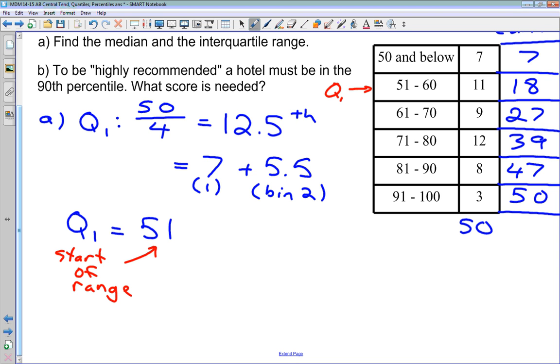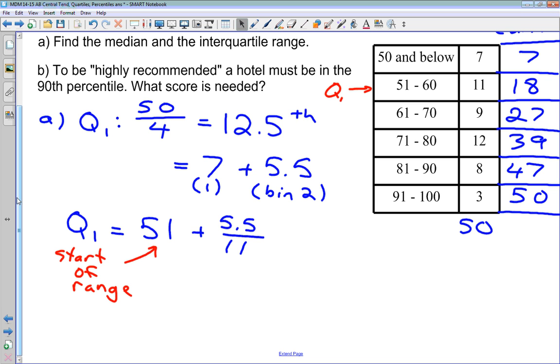Okay. Now, how far into the range do we have to go? Well, we want to go in 5.5 numbers. Okay. How many numbers are there in that range in total? There are 11 numbers total in that range. So we want 5.5 out of those 11.